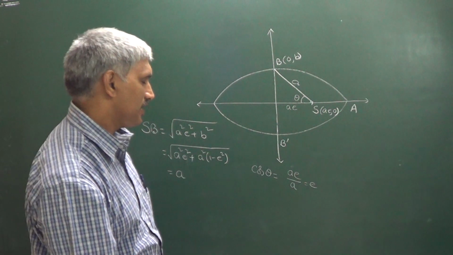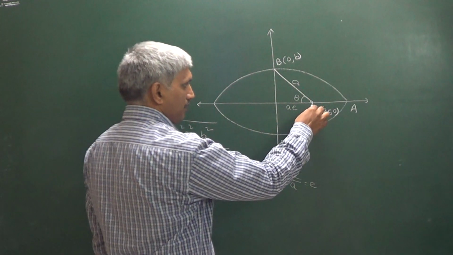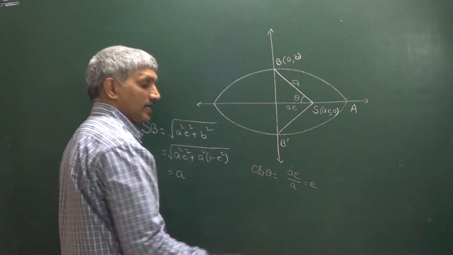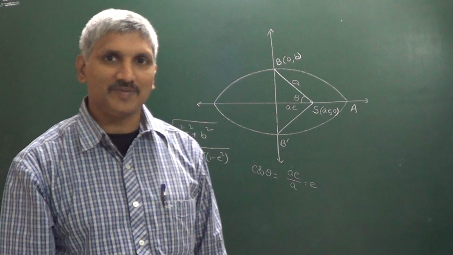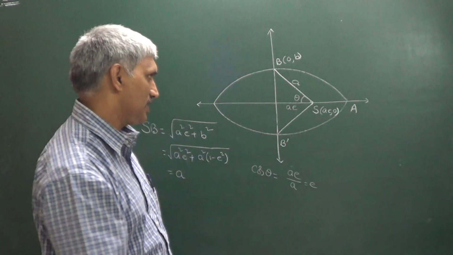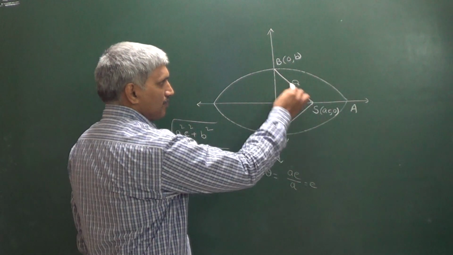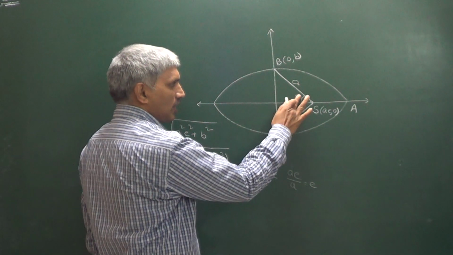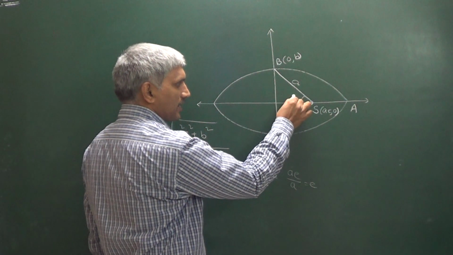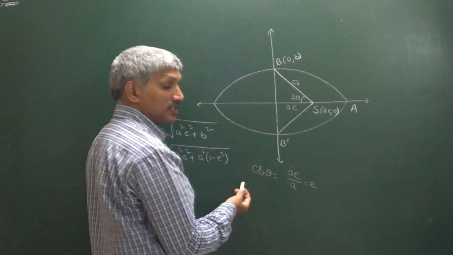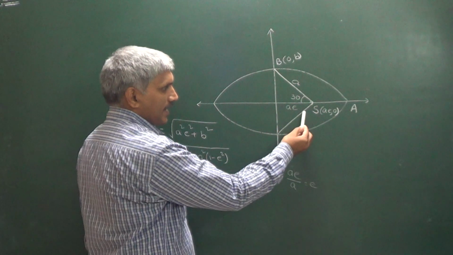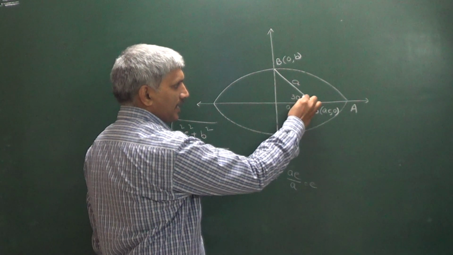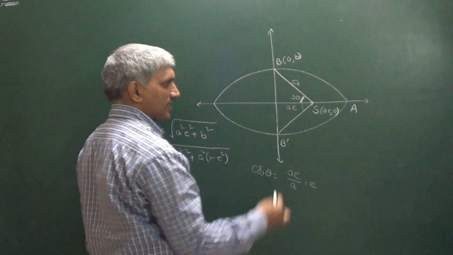Now the question here is S, B, S dash. If this triangle is an equilateral triangle, then what is the eccentricity? Whenever S, B, B dash is an equilateral triangle, this theta becomes 30 degrees, because it is an equilateral triangle, this angle is equal to 60, so that's why this particular angle is becoming 30.